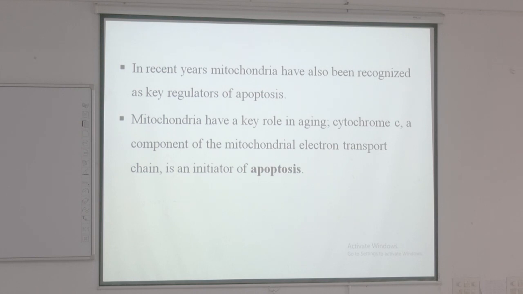Understand? Programmed death of cells, a properly regulated death of the cell, we call apoptosis. In recent years research has found that mitochondria play a vital role in this apoptosis process. So mitochondria have a key role in aging because they are the initiator of apoptosis.